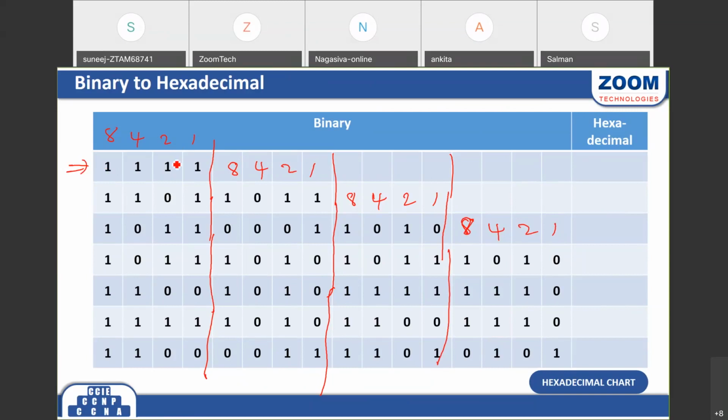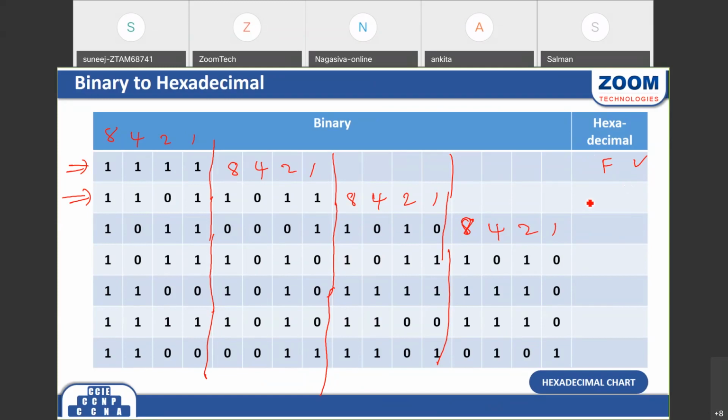First example: 8 plus 4 plus 2 plus 1, right? All ones is 15. The 15 value in hexadecimal is F. Second example: 8 plus 4 is 12, plus 1 is 13. 13 indicates D, right?